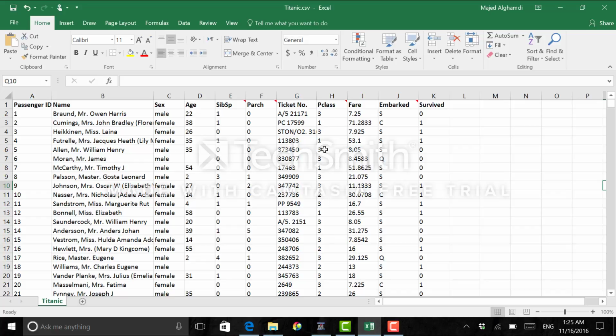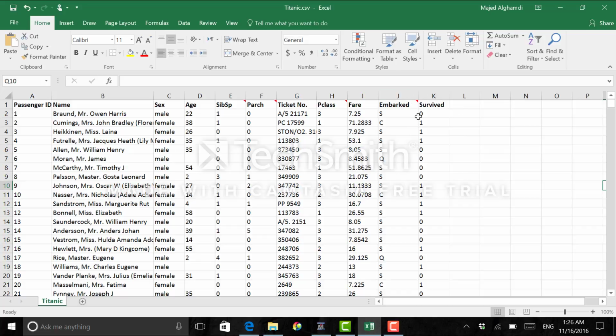And the amount they are paying, and also the port of embarkation. We have three different places where each passenger departed from, with a shortcut for each place: S, C, and Q. And then our target variable is survival.